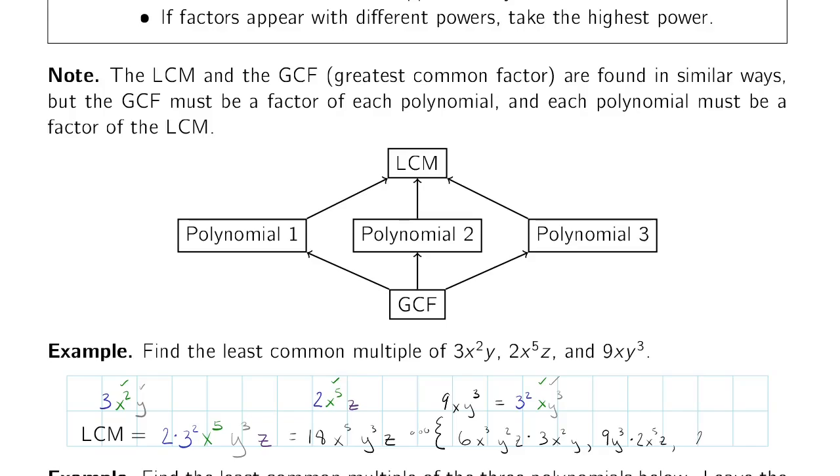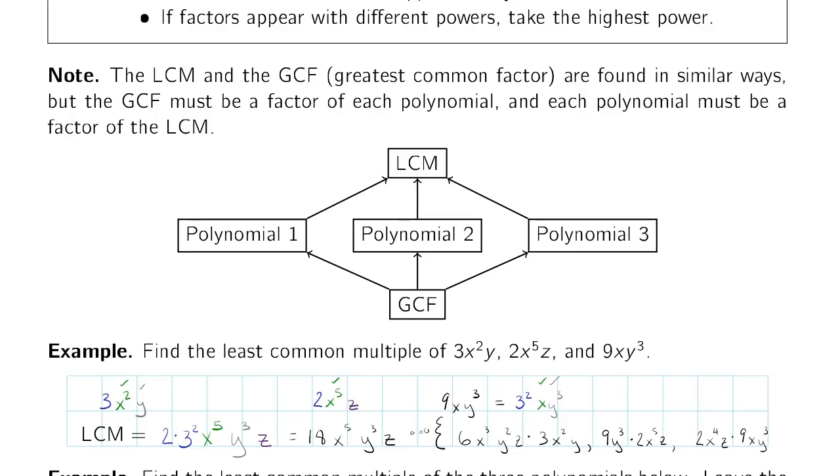It's 2x to the 4th z multiplied by 9xy to the 3rd. So we can actually get that 18x to the 5th y to the 3rd z by multiplying each of the given monomials by something. So that really is a common multiple.